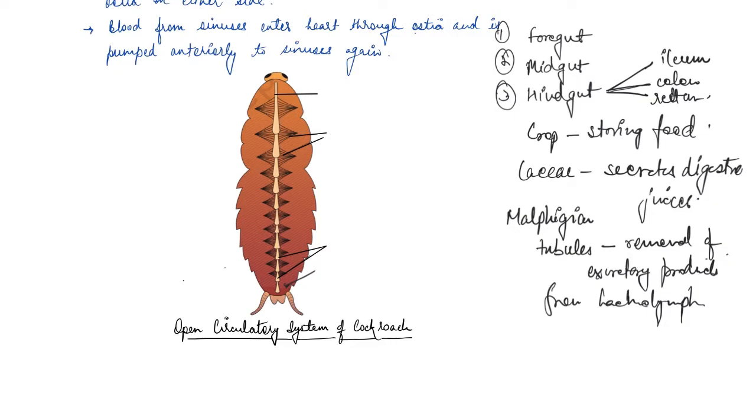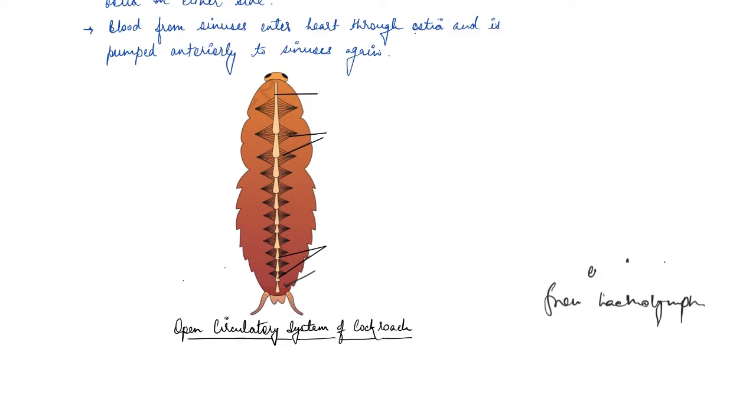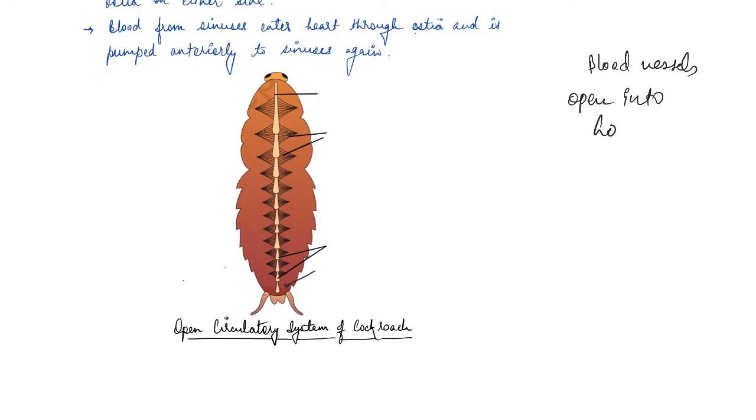Here the blood vessels are poorly developed, and these blood vessels open into a space which is known as hemocoel.